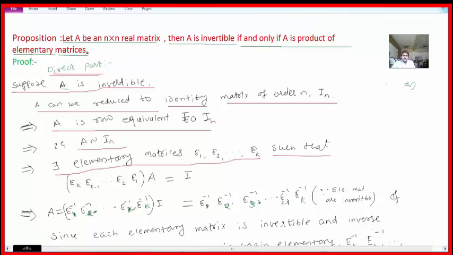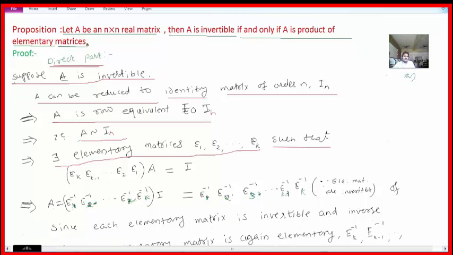Each elementary matrix is invertible, so taking this whole product to the left side, that is multiplying by Ek inverse, Ek minus 1 inverse and so on, we get A is equal to E1 inverse, E2 inverse and so on, Ek minus 1 inverse, Ek inverse.